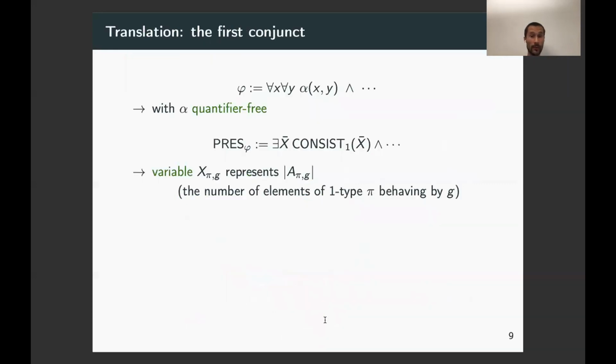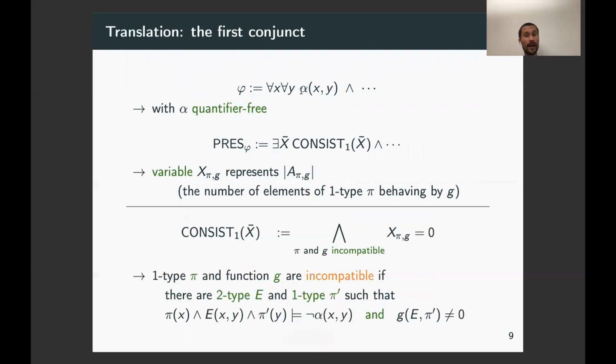All right, so how can we now translate the 2 components of our Scott normal form formula? Well, the first one is quite simple, right? So we have for all x for all y, alpha xy. What does it mean? We basically say that for all x, y, alpha should hold. And we basically look at the variables and the components pi and g and need just to forbid those pi's and g's which altogether may imply not alpha.